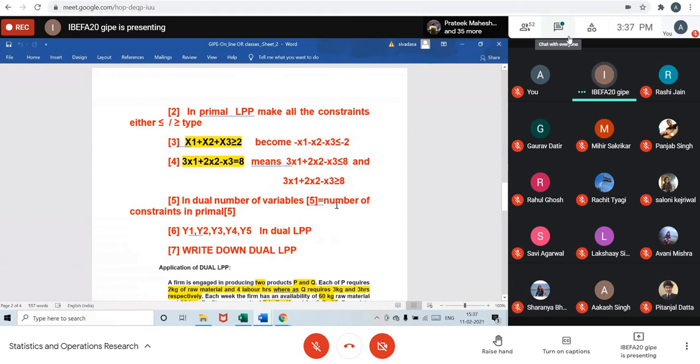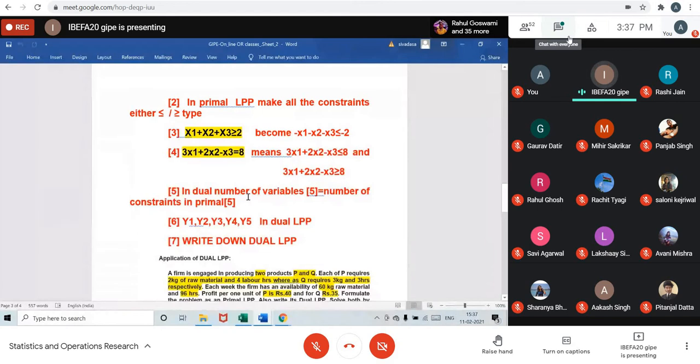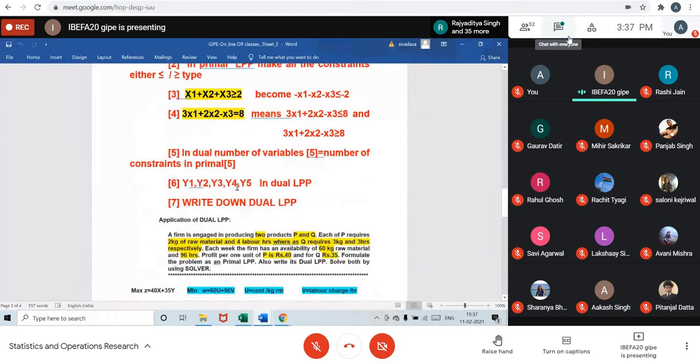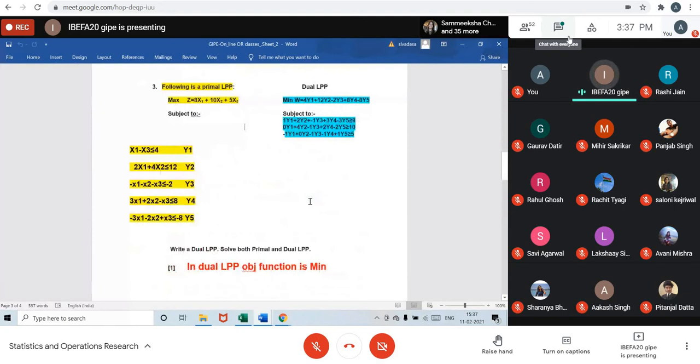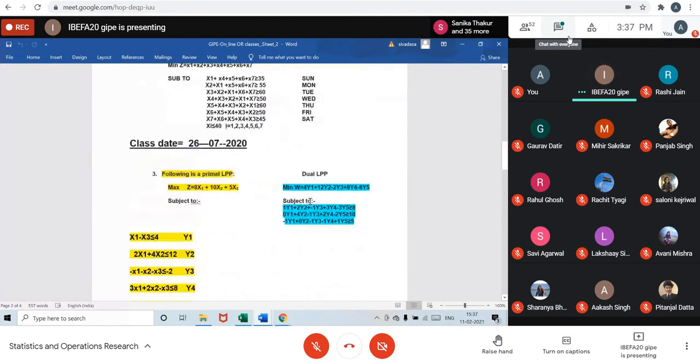In dual, the number of variables is equal to the number of constraints. y1, y2, y3, y4, y5 in dual LPP are our variables. Write down the dual LPP. And once you have written this LPP, you can solve the primal, you can solve the dual. Okay, next week I am doing one example.